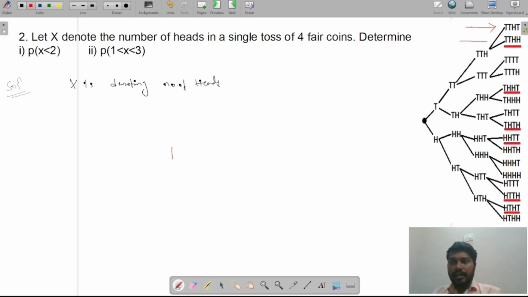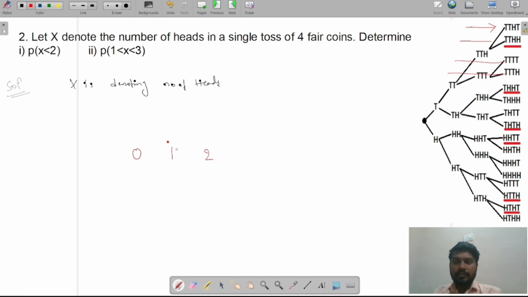Similarly, in the second possible outcome, 2 heads. In the third possible outcome, there are no heads, so 0. In the next outcome, 1 head.